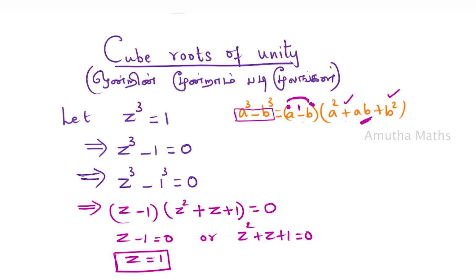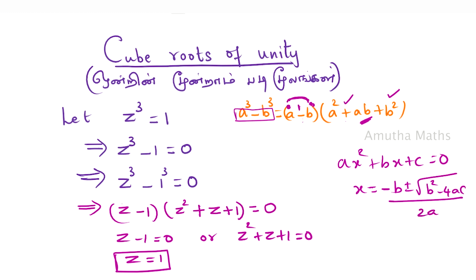In the lower classes we have studied. So here, see, if you have ax square plus bx plus c is equal to 0, how will you solve the equation? X is equal to minus b plus or minus root of b square minus 4ac divided by 2a. Right? இதோட z square plus z plus 1 is equal to 0 ஓட roots நம்ம using this formula we can find out.